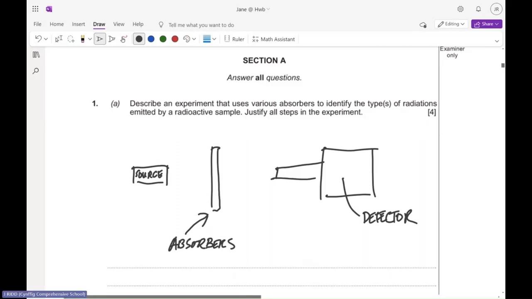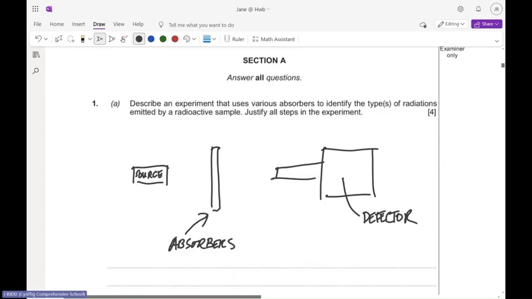Now, alpha, if it is present, will be stopped by something as thin as paper. So by putting an absorber as thin as a sheet of paper between source and the detector, we should see a reduction in the count rate. If there is no such reduction, that means that it is likely not an alpha source. Then we change our absorber to maybe aluminium, which is a few millimeters thick.